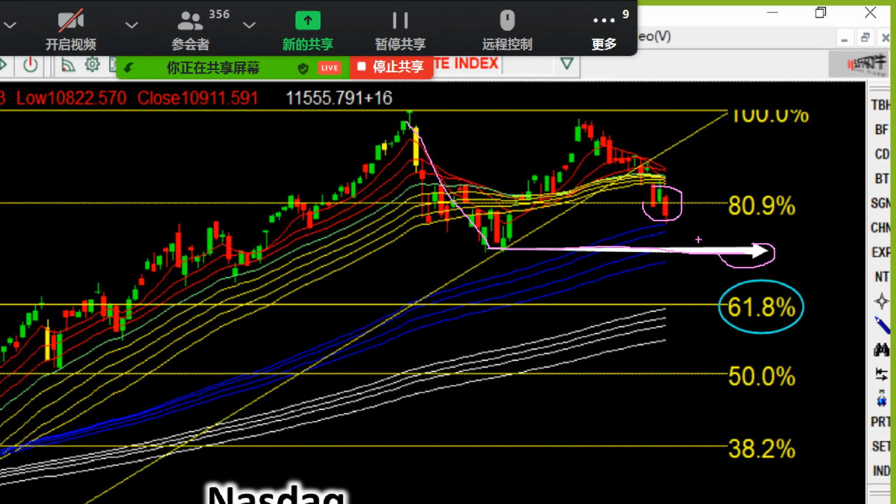Okay, so somebody wants to catch the bottom, because we think the US election this time is an opportunity. Even though you think the market will continue to drop after election day, some people want to do speculation.